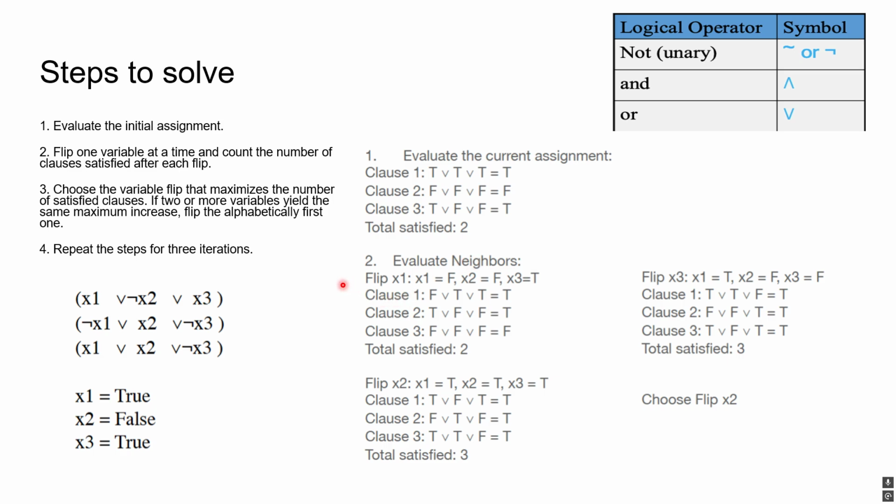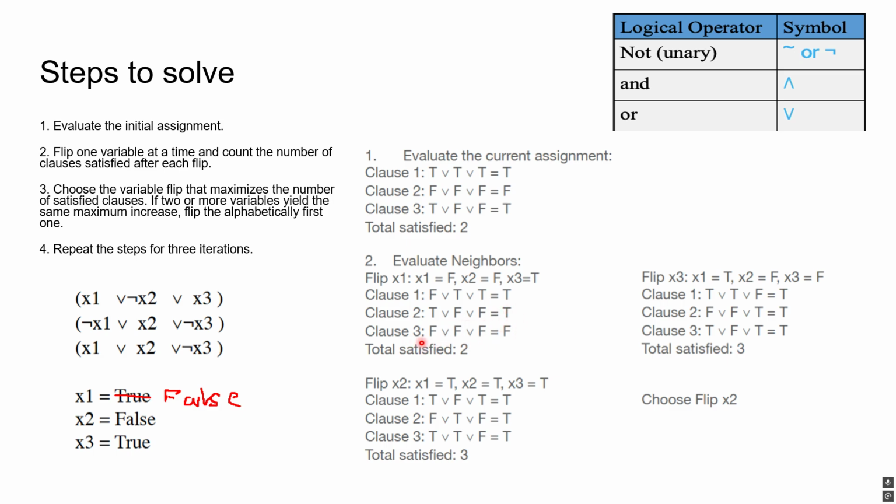So if you flip x1, that means that you're making x1 false initially. So then this will become false, and then you'll reevaluate. When you reevaluate, you can see that clause 1 becomes false, true, true, at least one state true, so it's true. Then true, true, false, false, that becomes true.